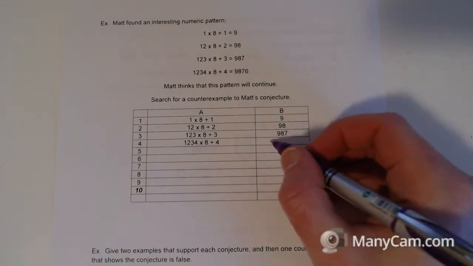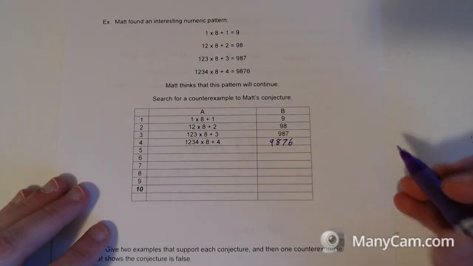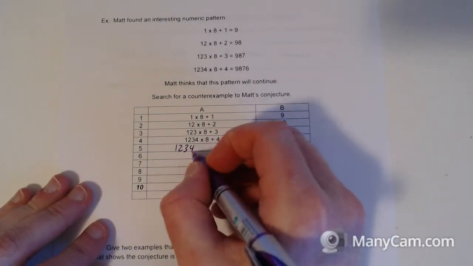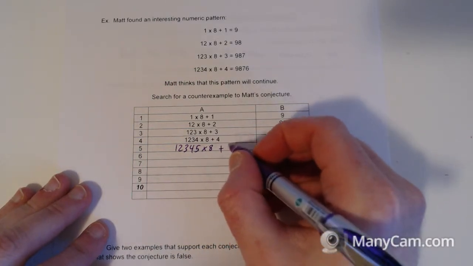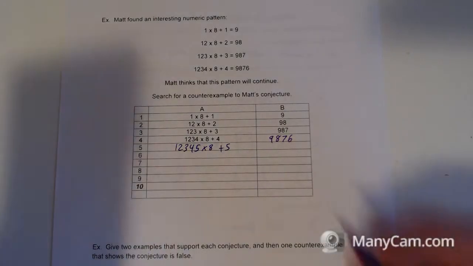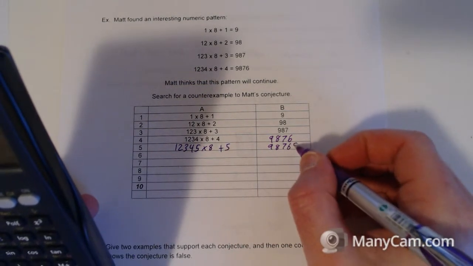So they said that's 9876. Let's try a couple more. So the next one is going to be 1, 2, 3, 4, 5 times 8 plus 5. Calculators out. I get 9, 8, 7, 6, 5.